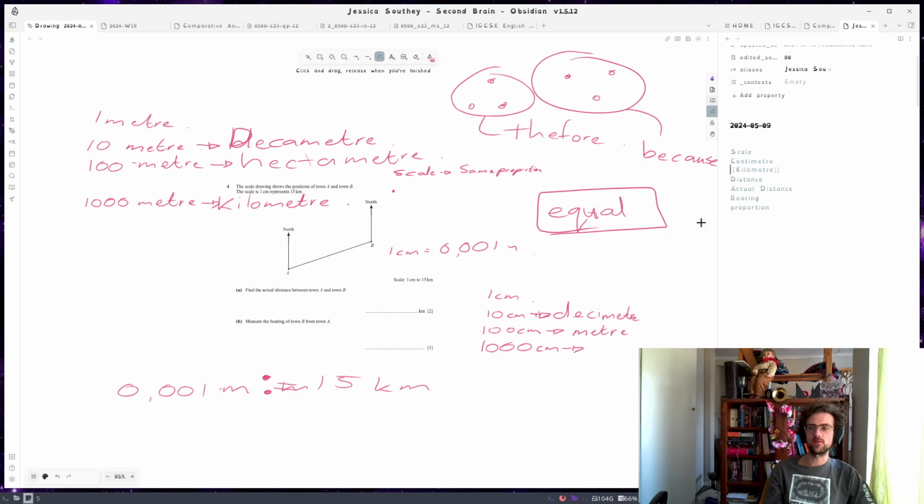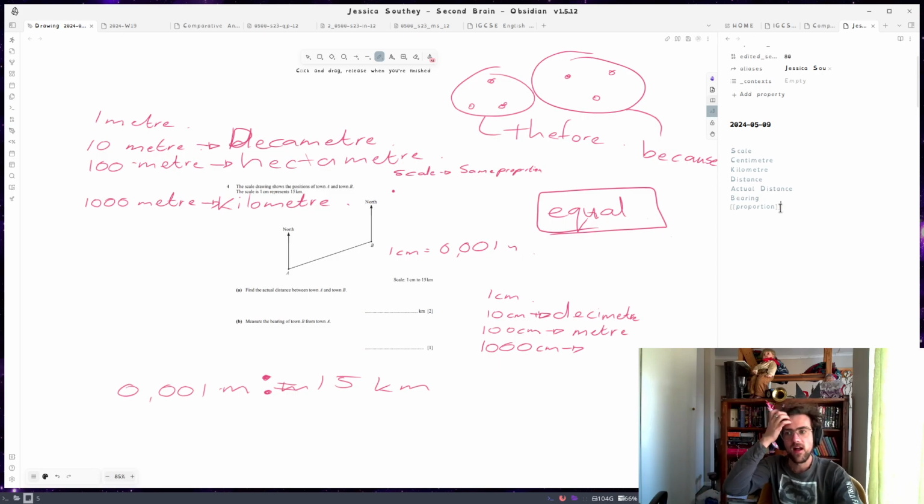If it's supposed to be an equal sign and you're trying to show equivalency, you use equals to show equivalency.